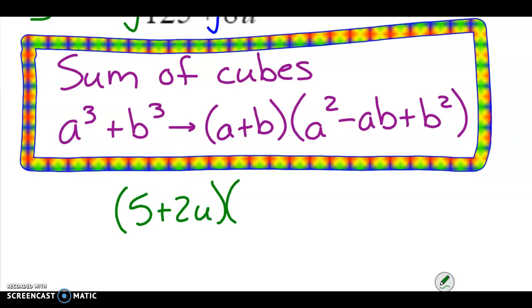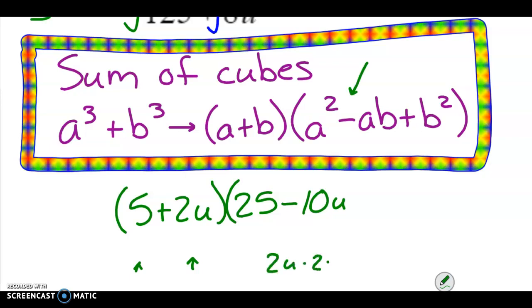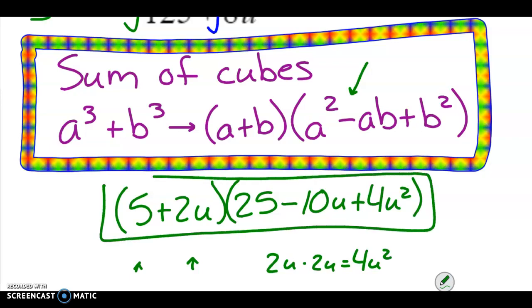Your A squared is going to be 25, minus A times B. So your A of 5 times your B of 2u is going to be 10u. So minus 10u. Make sure you're subtracting that AB regardless of what the A times B is. Minus 10u, and then 2u squared, 2u times 2u is going to equal 4u squared. I will add 4u squared at the end. So that is your answer to this problem.